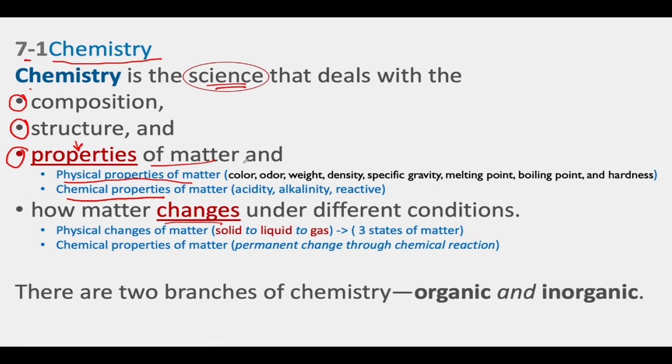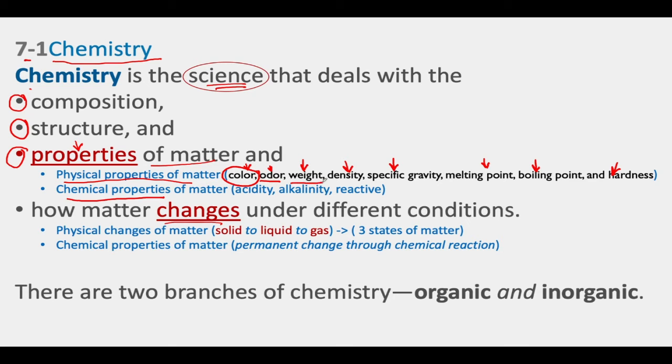Physical properties include color, odor, weight, density. We look at specific gravity, melting points, boiling points, and hardness. Color, of course, we can take a look at something and say, hey, that's a color. We can smell it as well.